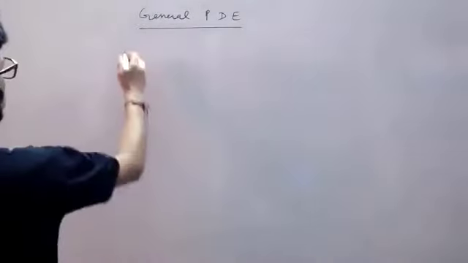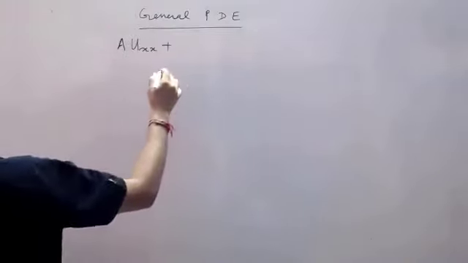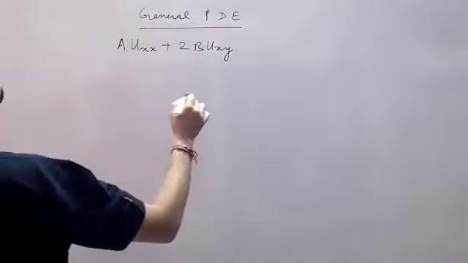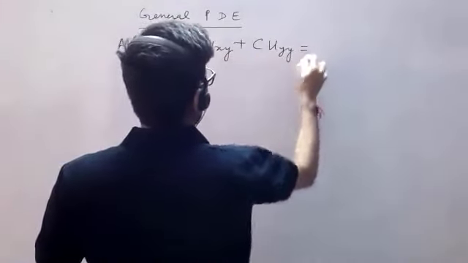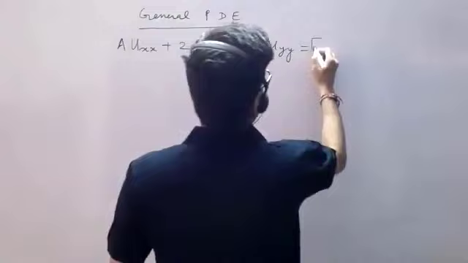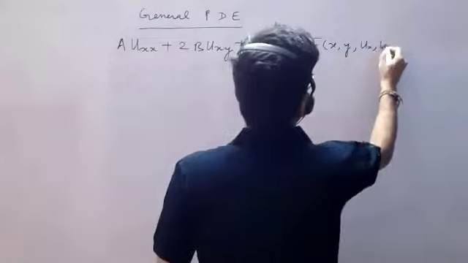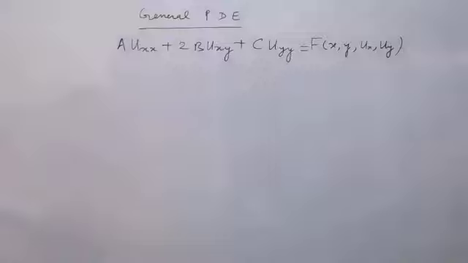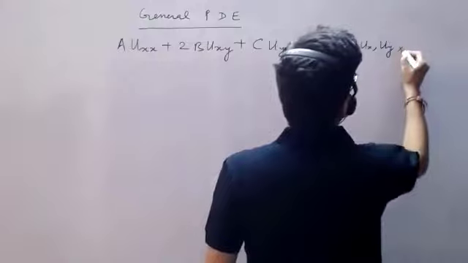Okay, general partial differential equation. The general form of the equation is given by A u_xx plus 2B u_xy plus C u_yy is equal to f of x, y, u_x, u_y, and of u itself also.